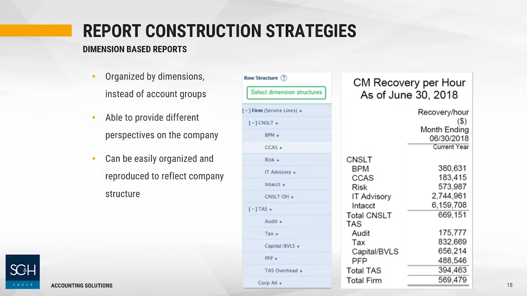A couple of different examples of how we used this throughout this implementation: when you're creating these types of reports, while the dimensions inform the rows, you actually put your account groups into the columns. The account groups, again, being the organizational backbone of the financial reports, the more conventionally structured ones. So what we did for that was, using the same time period, we took a look at a bunch of different statistical metrics across the company within the same report.